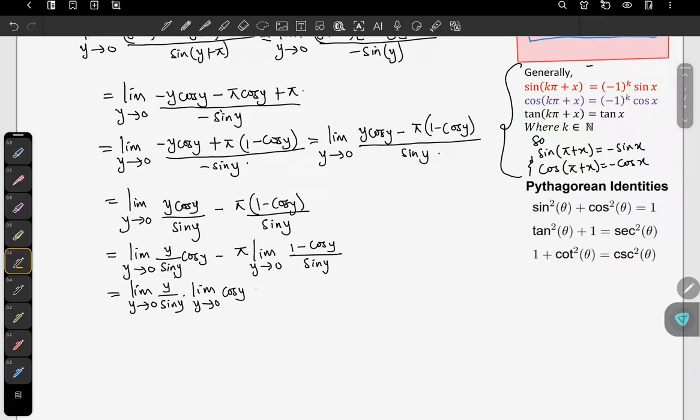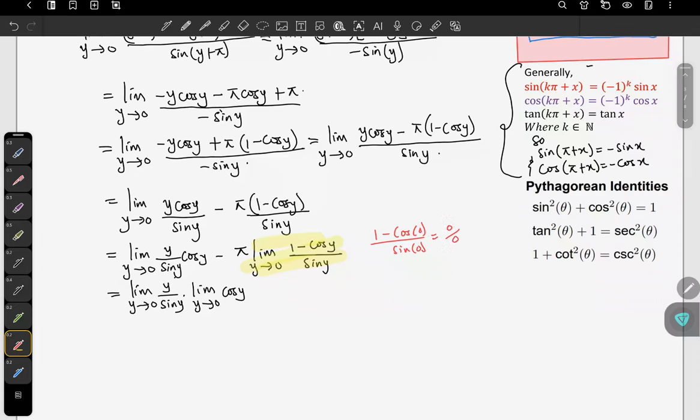And the second one, for me to be able to evaluate this limit, ordinarily when I plug in y equal to 0, let's look at it on one side, we'll have 1 minus cos 0 over sine 0, which will still be 0 over 0.